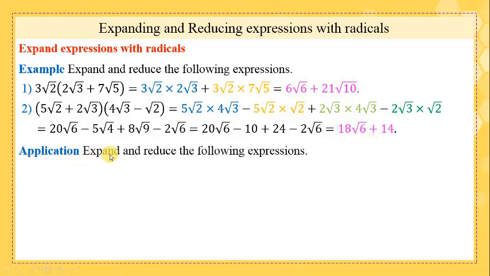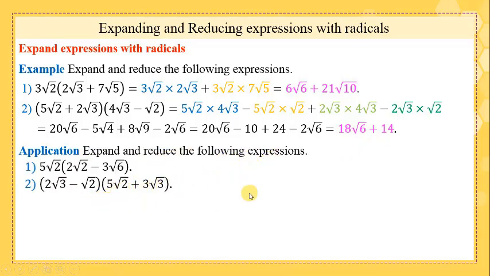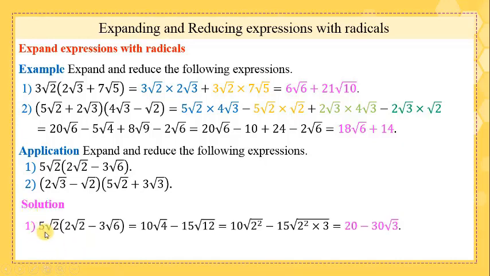Application: expand and reduce the following expressions. Please, students, pause this video and try to solve this application. Solution: number 1, 5 radical 2 into 2 radical 2 minus 3 radical 6.